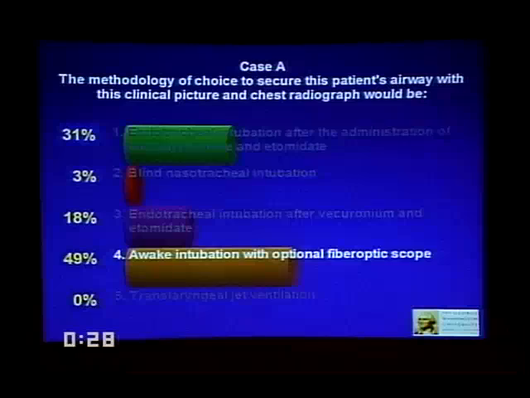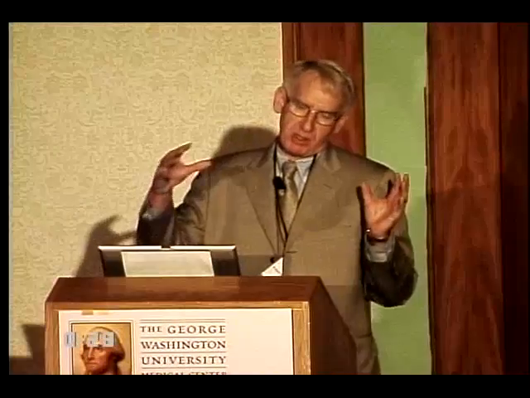And 49% of you have the correct answer, which is D, awake intubation with optional use of fiber optic scope. That picture was actually not from a small cell carcinoma, but the X-ray was a non-Hodgkin's lymphoma, mediastinal mass causing the superior vena cava syndrome. This is the patient who, if you use paralytic agents, you will get a circulatory collapse because the compression of the tumor on the superior vena cava will drop the cardiac output precipitously.